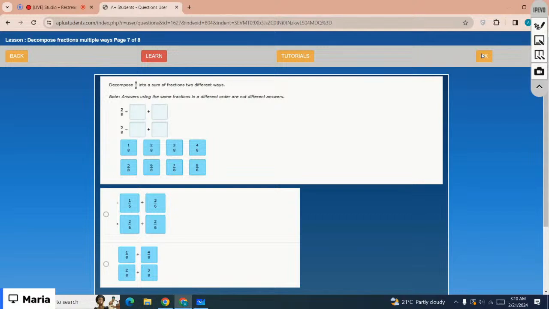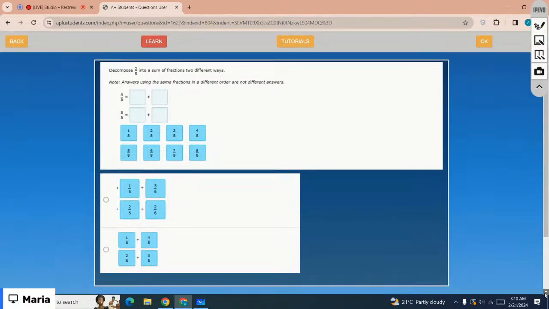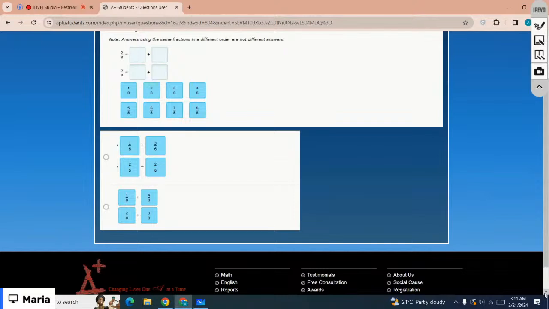Okay, the next one is decompose 5 over 8 into a sum of fractions two different ways. No one is answering. You have to make 5 over 8.